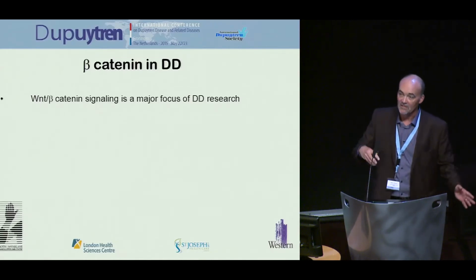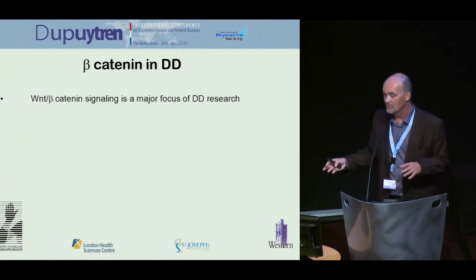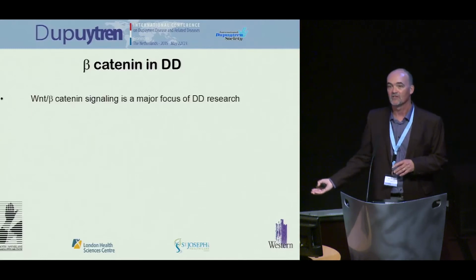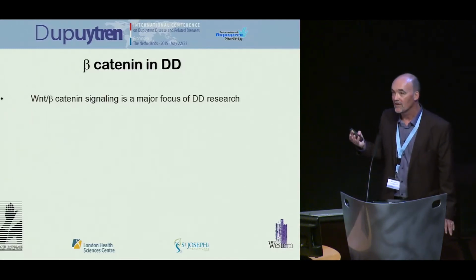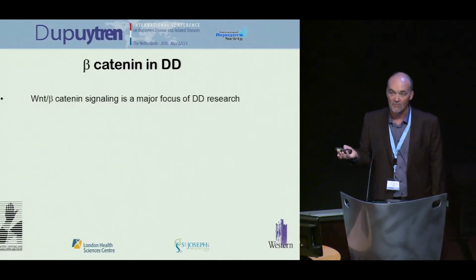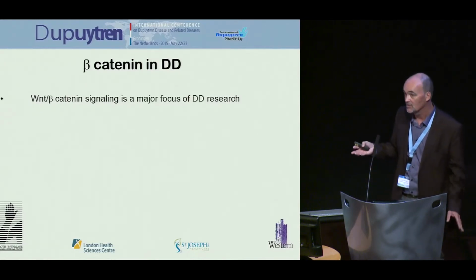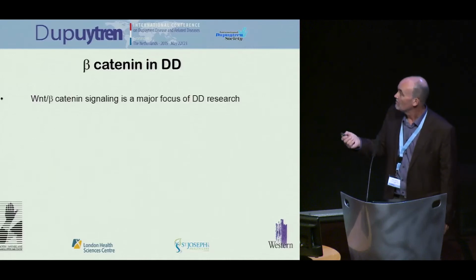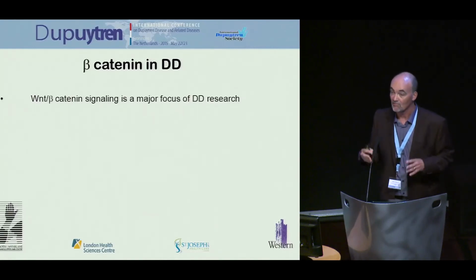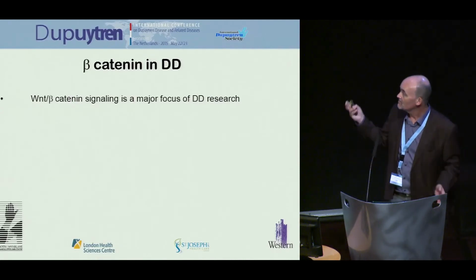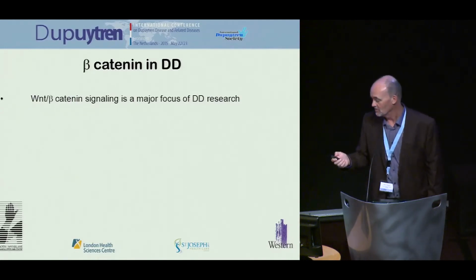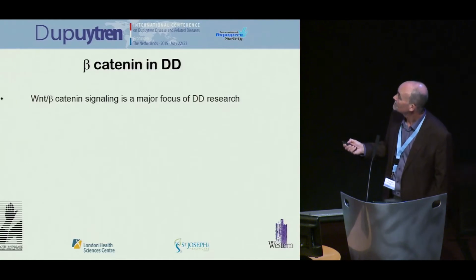And of course, many years later, genome-wide association studies have come in essentially from the opposite direction and identified a whole bunch of single nucleotide polymorphisms in Wnt signaling genes and genes associated with that. And so we see mutations in the ligand, we see upregulation of the downstream mediator of many of those ligands, and so this pathway has become a bit of a hot topic in Dupuytren's disease molecular research.